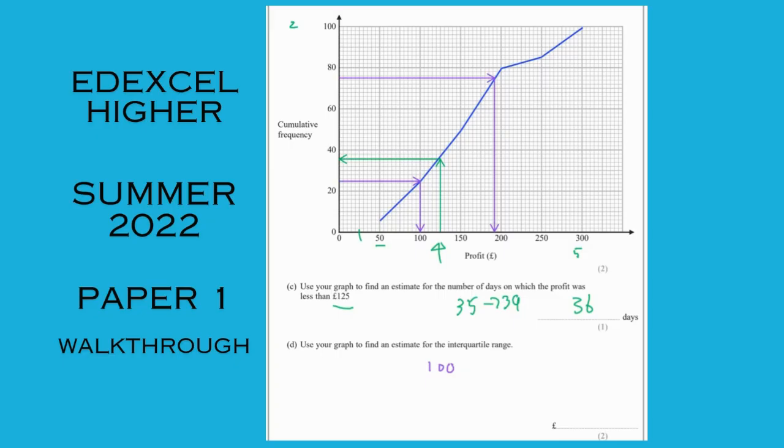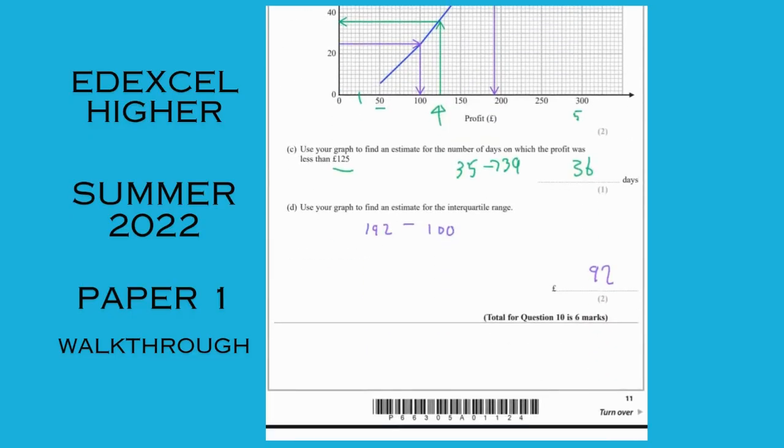It's about half a square, so it's about 7.5 below 200. So it's about 192. So I'm getting 92 for my interquartile range. On the mark scheme, I'm at the upper limit. They say anything from 85 to 93 inclusive.